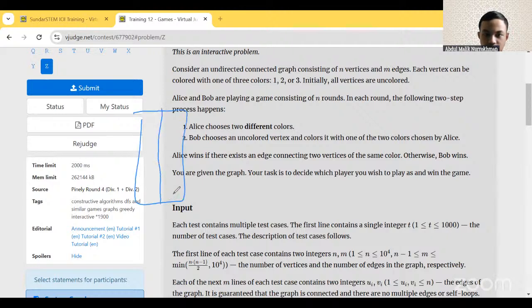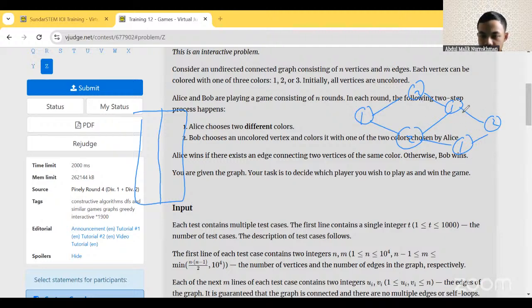And we already did it when we checked whether there is any odd cycle or not. When we check that, we already color the graph into two colors. For example, the graph is like this. We already know the color of each node.